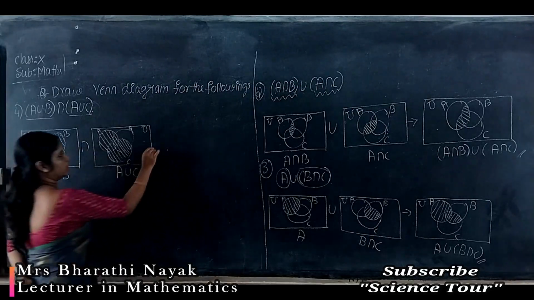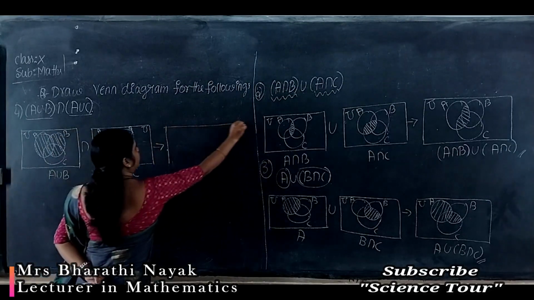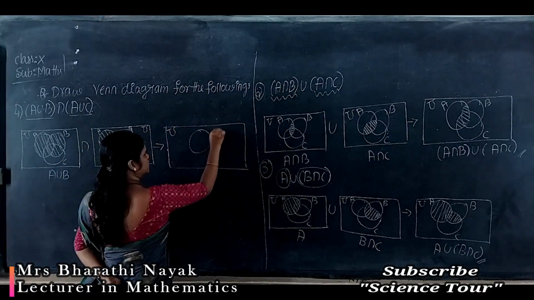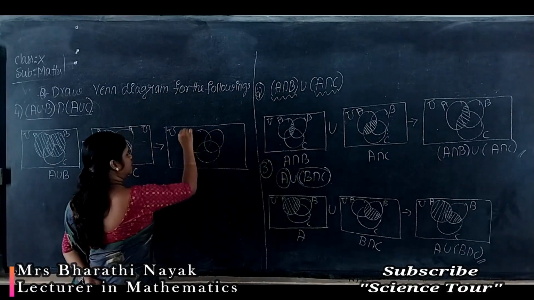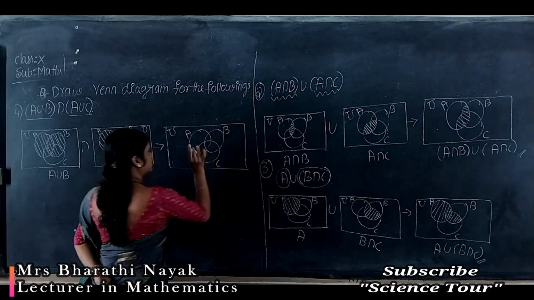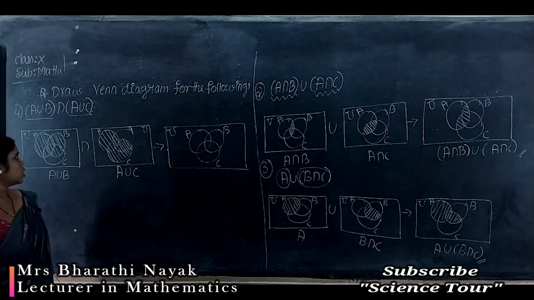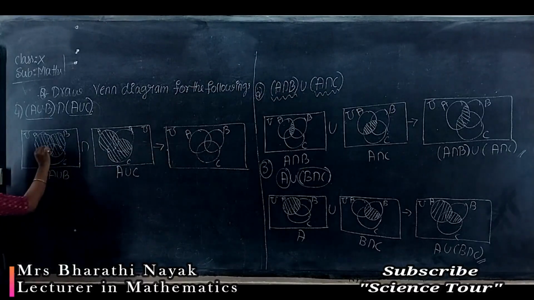Next, what do I have to do? I have to take the intersection of these two sets. Intersection means what? Common region, the commonly shaded region for these two.